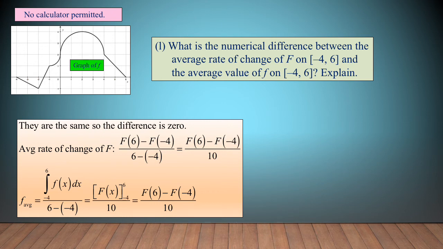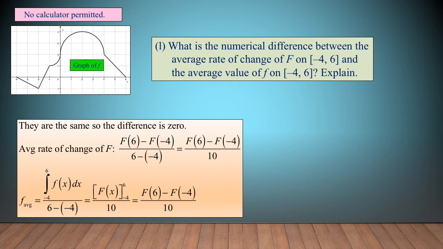The average rate of change of capital F over the interval -4 to 6 is capital F of 6 minus capital F of -4 over 6 minus -4, which is capital F of 6 minus capital F of -4 over 10.